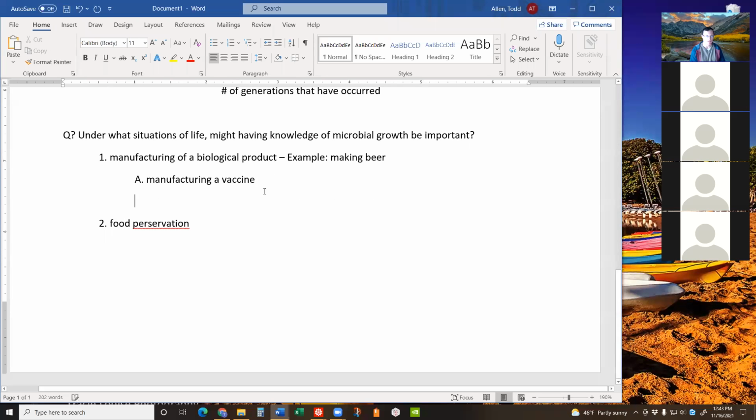Let me come down here under manufacturing a biological product. So making beer, making a vaccine, I bet you some of you know someone in your life that takes insulin to manage diabetes. And today in the United States of America, all the insulin is made inside bacteria.